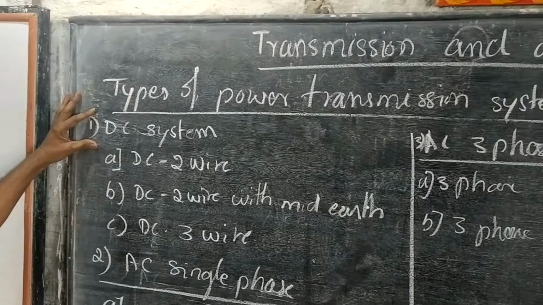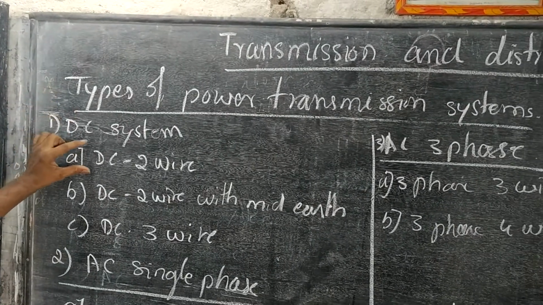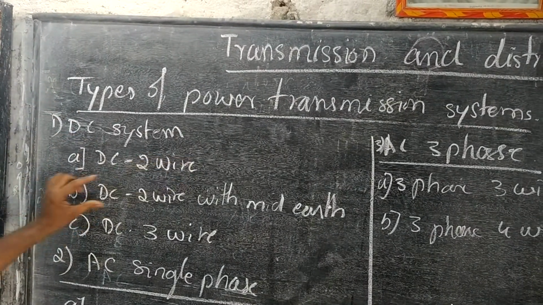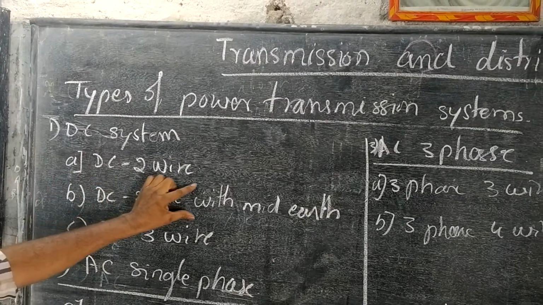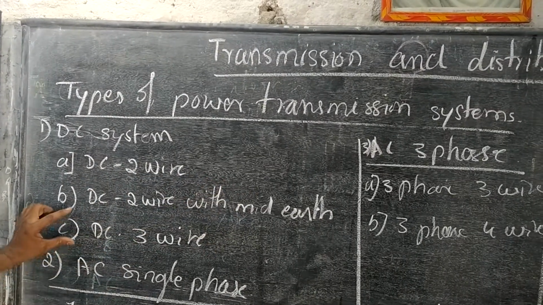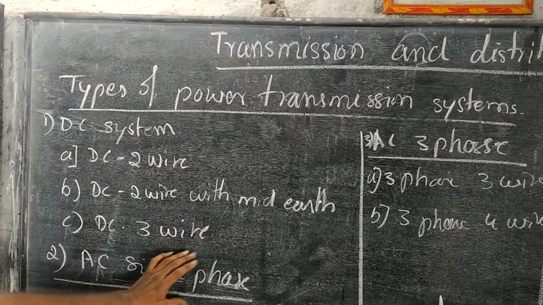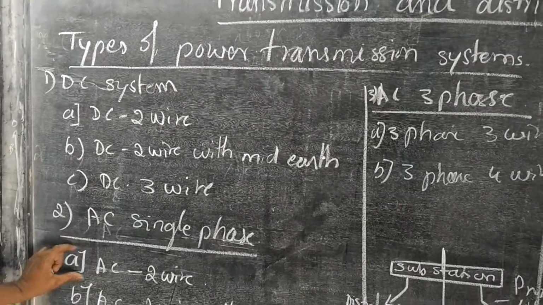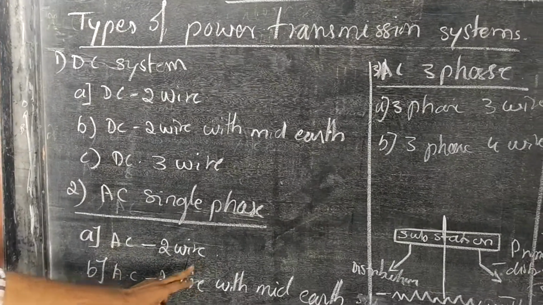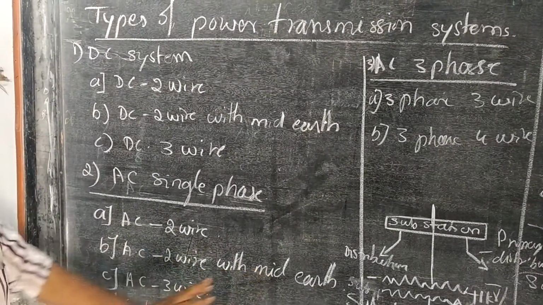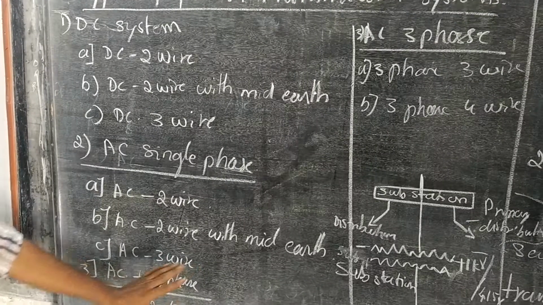The first one is the DC system. In the DC system, there is the two-wire system, another one is the DC two-wire with mid-wire system, and the third is the DC three-wire system. The next one is the AC single-phase system. In the AC single-phase system, first is the AC two-wire system, the AC two-wire with mid-wire system, and the AC three-wire system.